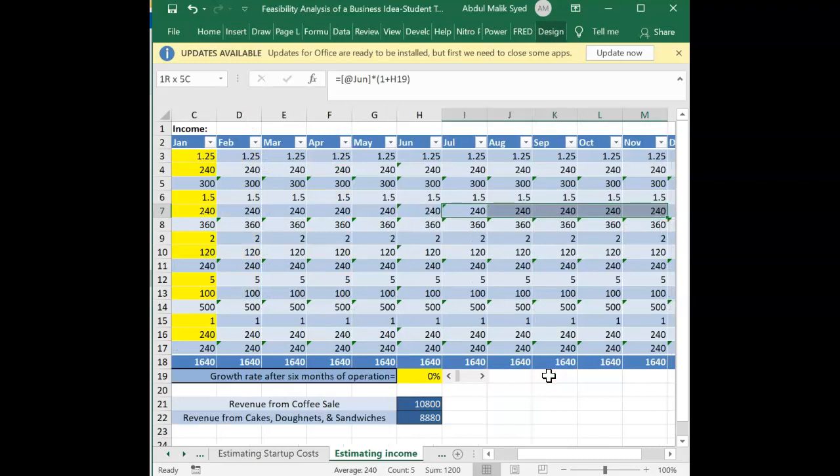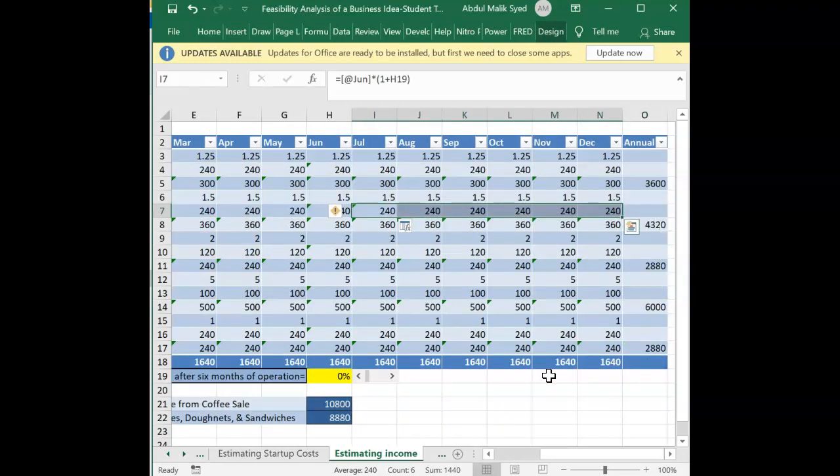And then you can copy the formula, Control R. So the formula is copied. I think we need to fix this column first, otherwise there will be a problem.